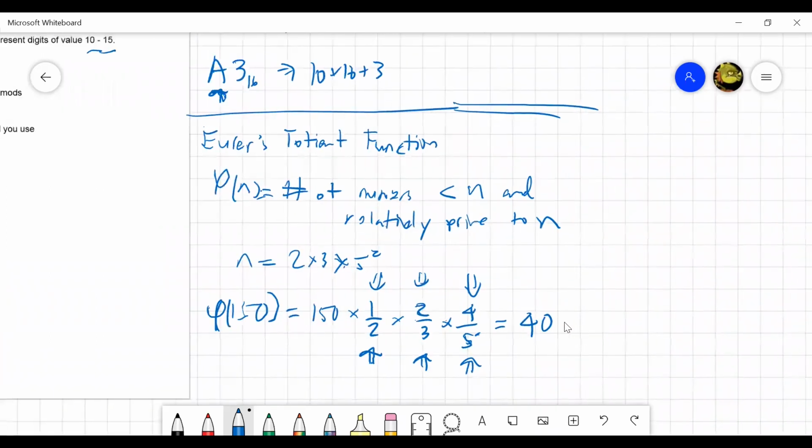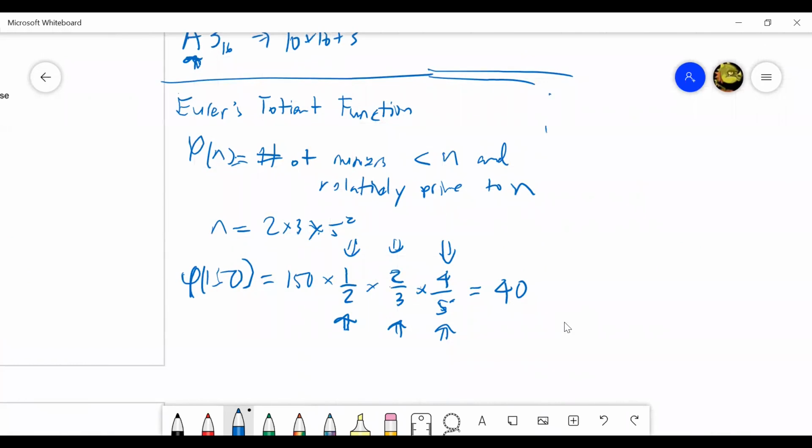And more importantly, once you know how to calculate it, this other cool formula that he had was that for any number a relatively prime to another number n, a to the power of Totient of n is equal to 1 mod n.